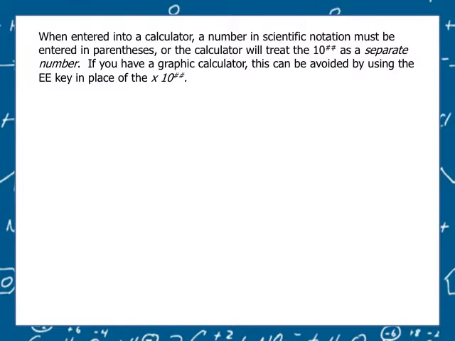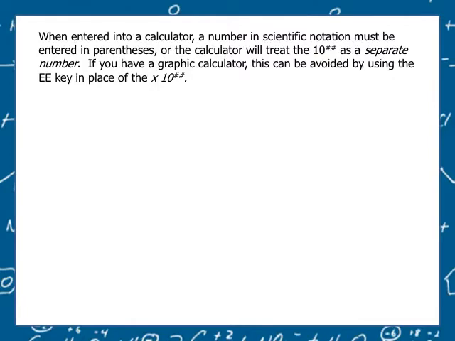The key thing is, if you prefer to type it as times 10 to the exponent, and you don't put that in parentheses, your calculator is going to treat the times and the 10 with an exponent as sort of a separate number. So it can lead to order of operation mistakes, particularly if you're dividing by the number in scientific notation.